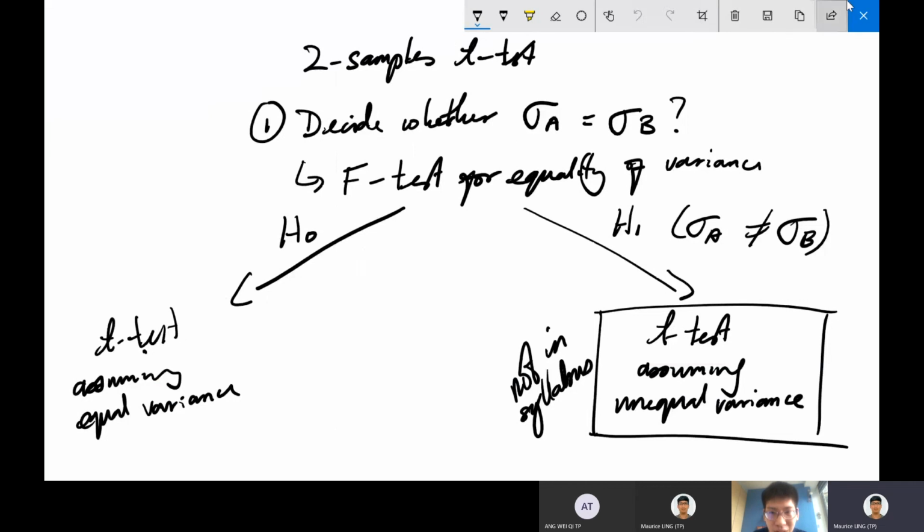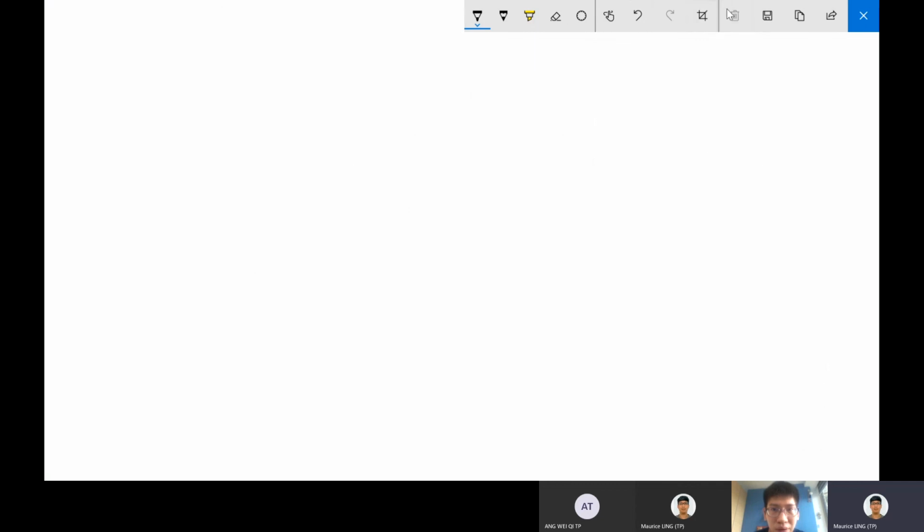So is it correct to say that mu1 minus mu2 is always equal to 0? Not necessary, but okay. Usually we don't bother about it.